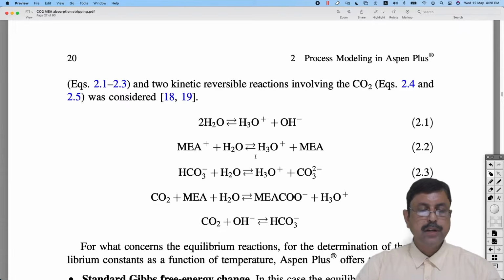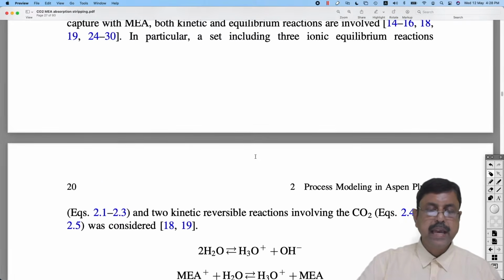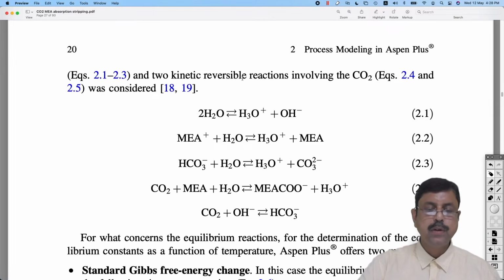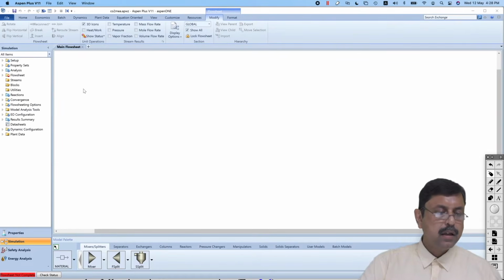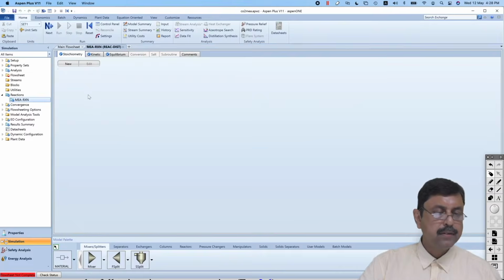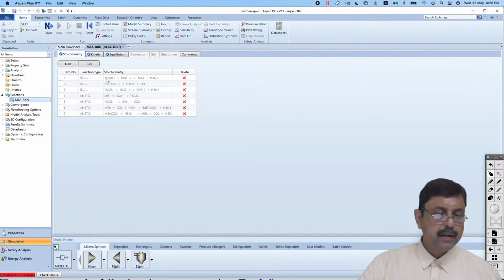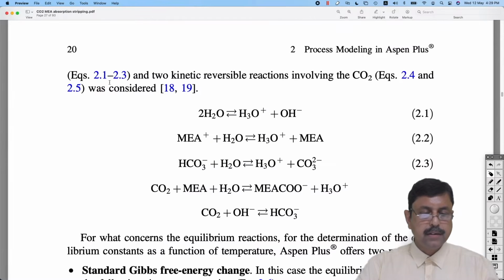In the simulation window, we have to add in 3 ionic equilibrium reactions and 2 kinetic reversible reactions. For that, I have already done it. MEA reactions, you will find these 3 ionic equilibrium reactions and 2 kinetic reactions which are reversible in nature.